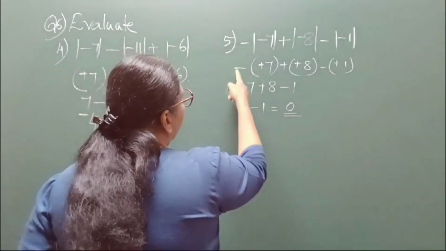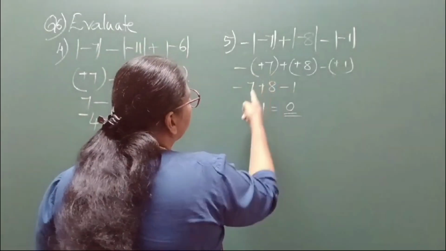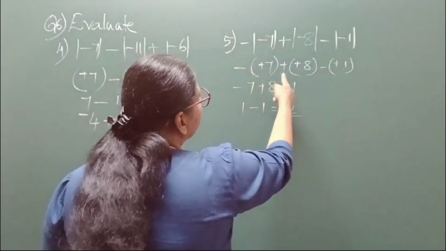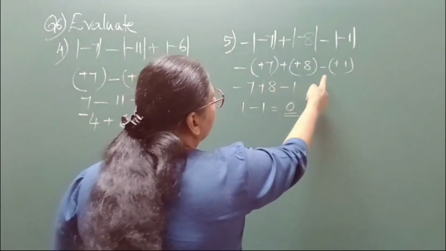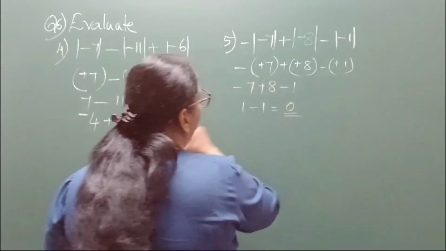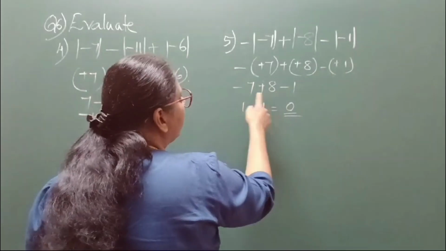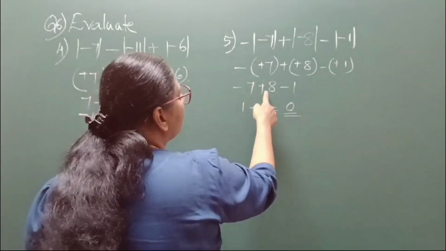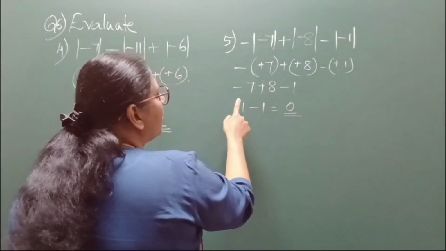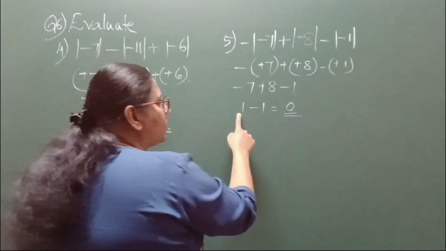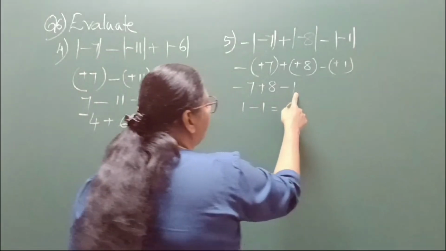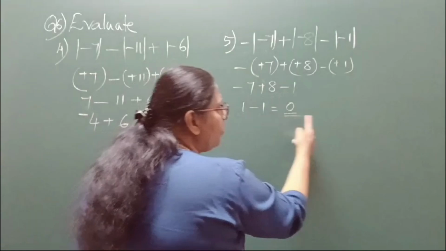So minus as it is, then this number 7 plus, then 8, then minus, then 1. Again two different integers, so we have to find the difference. 8 minus 7 is equal to 1, greater number sign is plus, so it is understood that this is plus 1. Then minus 1. 1 minus 1 is equal to 0.